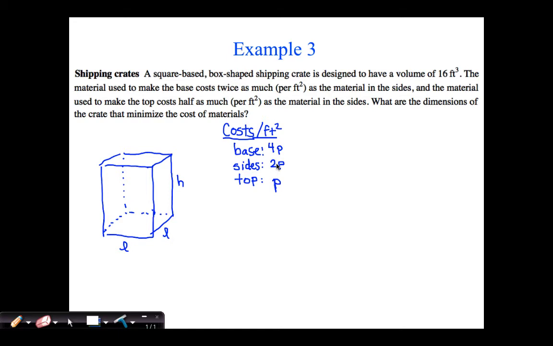If I wanted an expression for the total cost of the base, I know it costs 4P dollars per square foot. What would be an expression for the number of square feet for the base based on this picture? Yeah, L squared. So it's L squared square feet, times the cost per square foot.